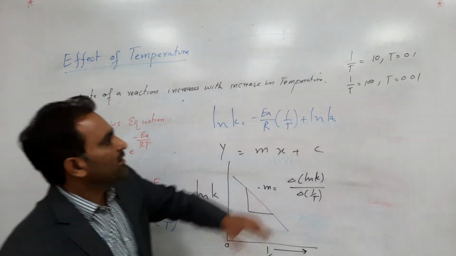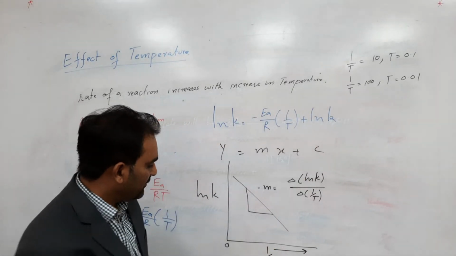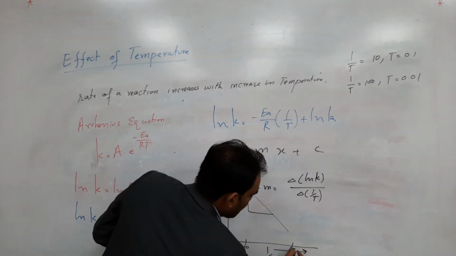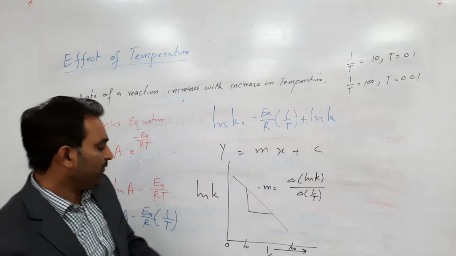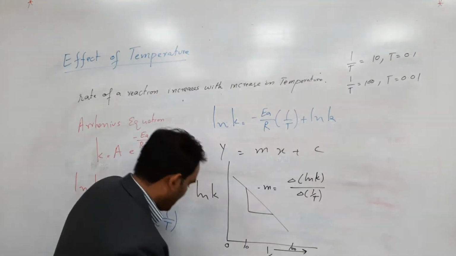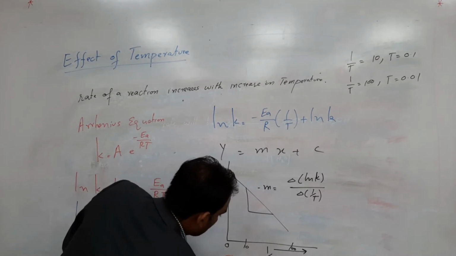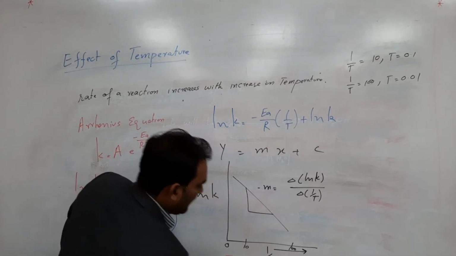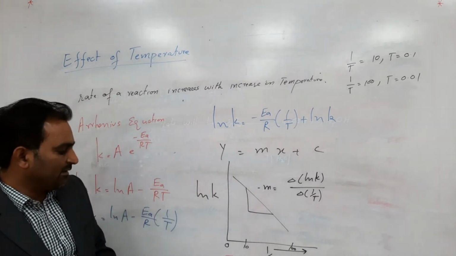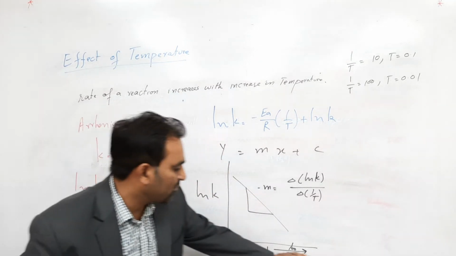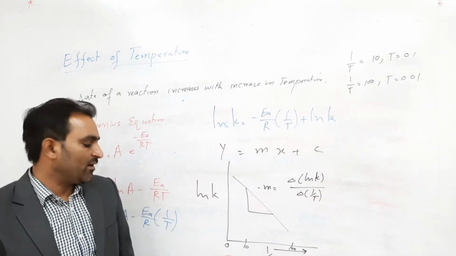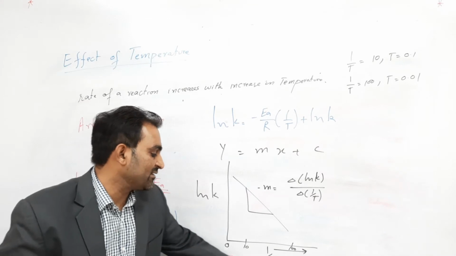It means 1 over T for 10 is here, for 100 is here. So from this side to this side, 1 over T is increasing, whereas temperature is decreasing.